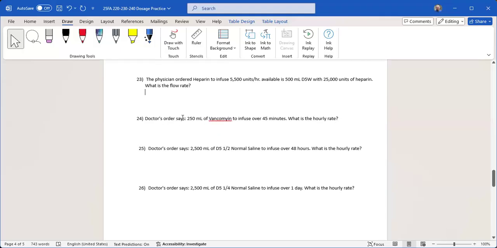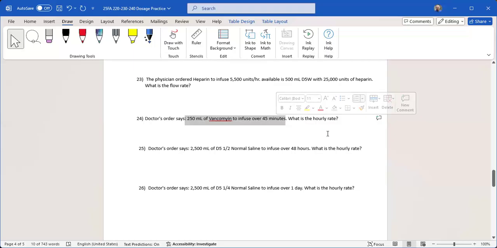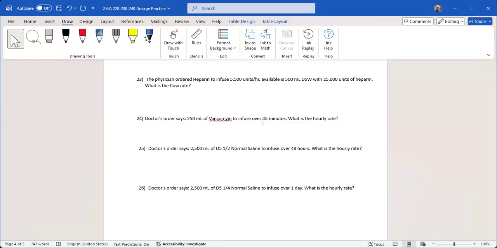This is a question that sometimes challenges some students when we have 250 milliliters of vancomycin infusing over 45 minutes and we want to know what the hourly rate is. The thing that gets students hung up is what to do with this 45 minutes. The secret is, you can either convert minutes to hours, or if you already know off the top of your head that 45 minutes is three-fourths of an hour, that's 0.75 hour.